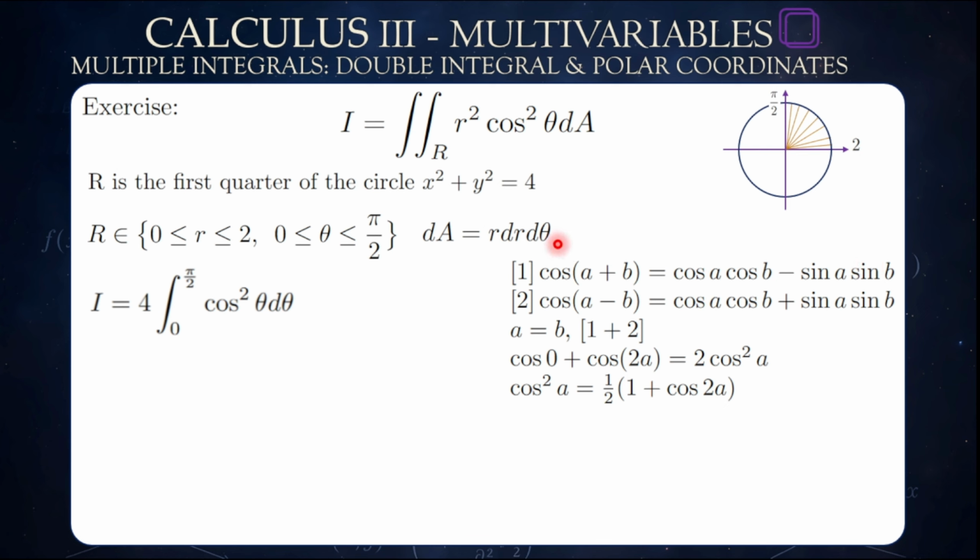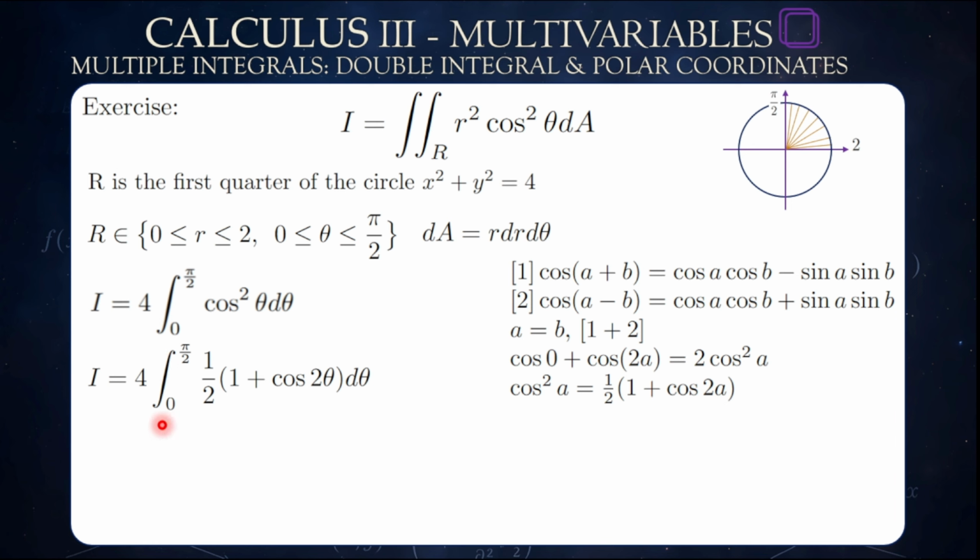So if we add the first and second equations, suppose that a is equal to b, because here we have cosine square theta. Then cosine (a minus a), which is cosine 0, plus cosine 2a is equal to 2 cosine a cosine a, or 2 cosine square a. The minus and plus for the sine cancel out, so this one is removed. Then cosine square a is equal to 1/2 times (1 plus cosine 2a).